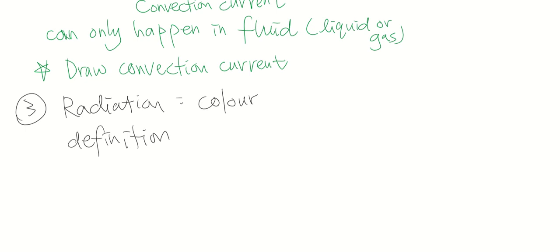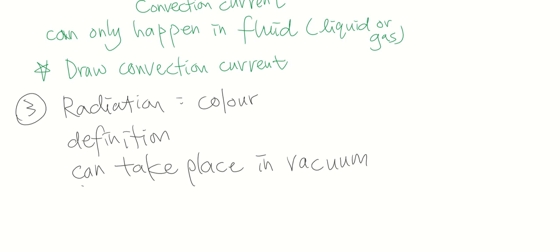And then you also need to know it can take place in vacuum. Conduction and convection cannot, because we need particles. But radiation is pure energy. So this energy can actually travel through vacuum. Okay? And I'm very sure this will come out.